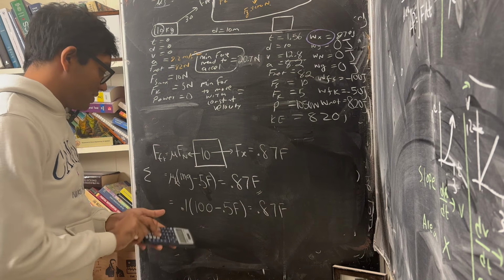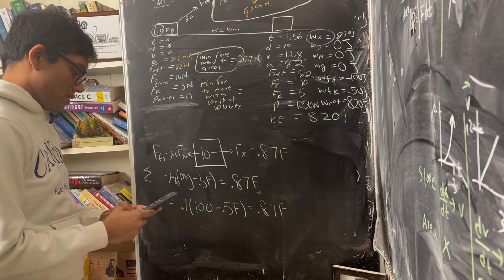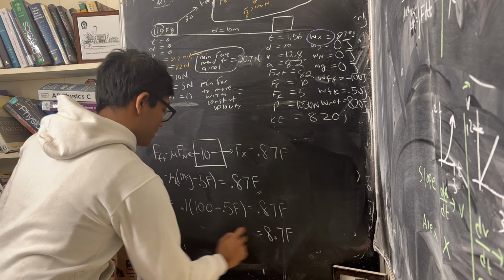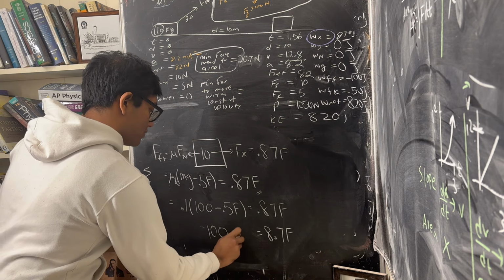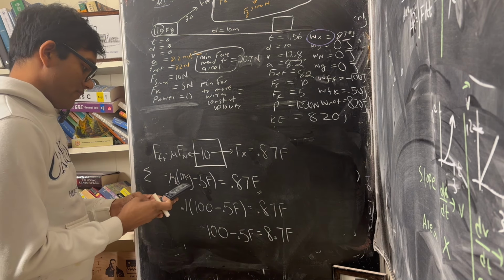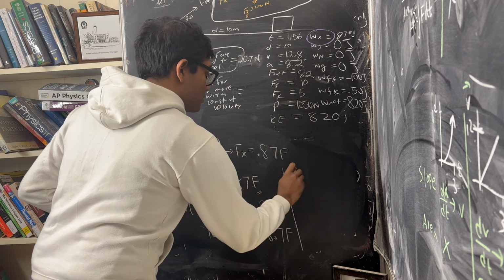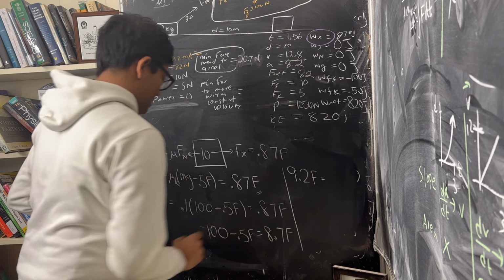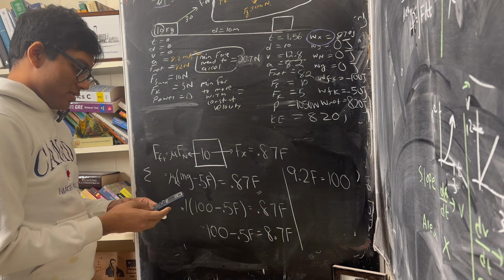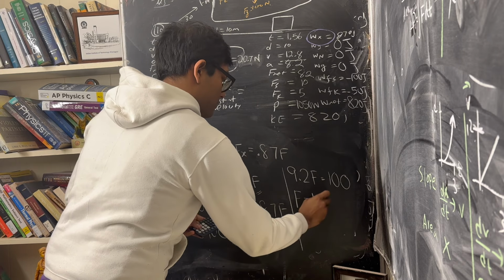I'm going to divide both sides by 0.1. 0.87 over 0.1 is 8.7. So 8.7 F equals 100 minus 0.5 F. So 8.7 plus 0.5 is 9.2. Okay, so 9.2 F equals 100. So F should be 100 over 9.2, which is 10.8.